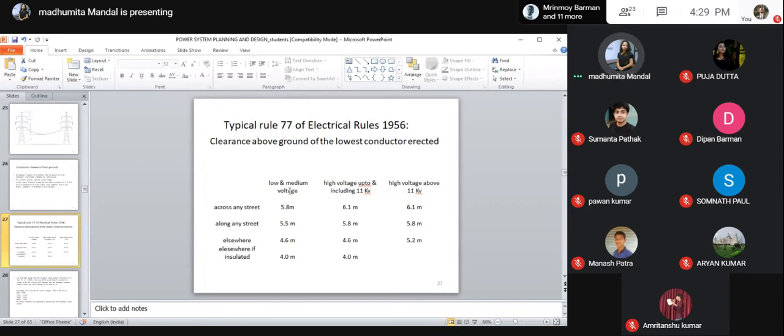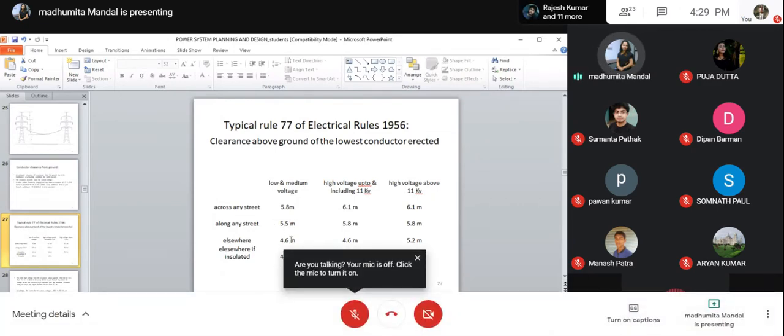These are the measurements given according to the rule. For low and medium voltage, the minimum clearance across any street will be 5.8 meter, along any street 5.5 meter, elsewhere 5.6 meter, and elsewhere if insulated, 4 meter.